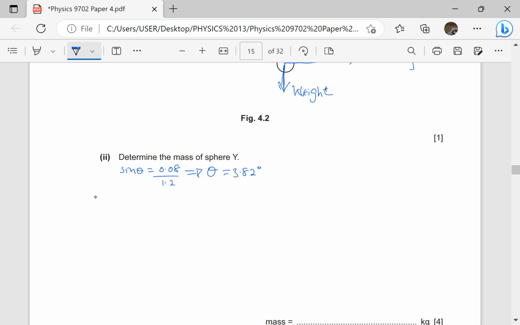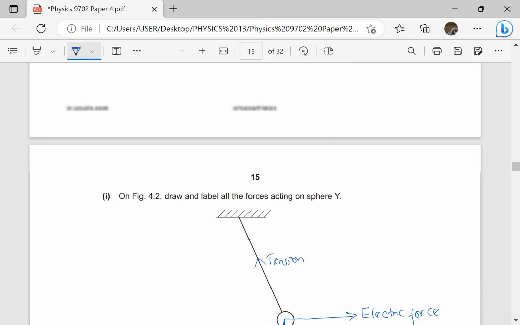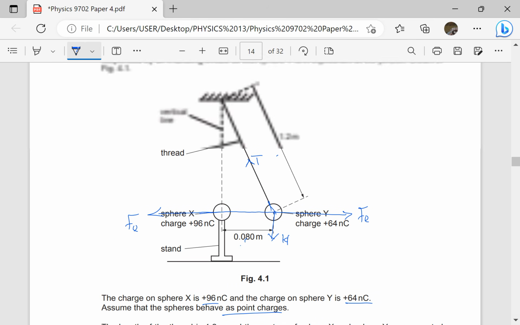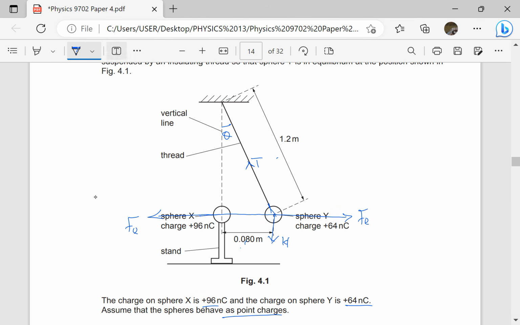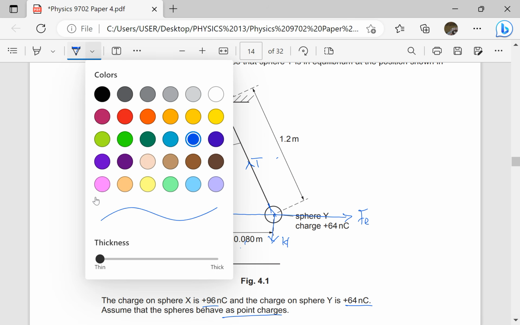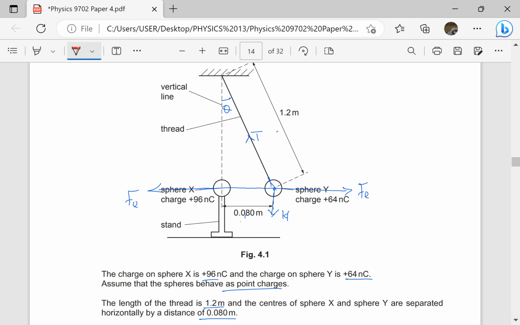Okay, so we are going to do some resolving here on this diagram. The tension here has two components. For resolving, I will change the color for you. You can use a pencil. The tension has a component in the vertical. I'll draw a vertical line here with the ruler. The tension has a component in the vertical which balances with the weight if there is equilibrium. And if this angle is theta, this angle is also theta.